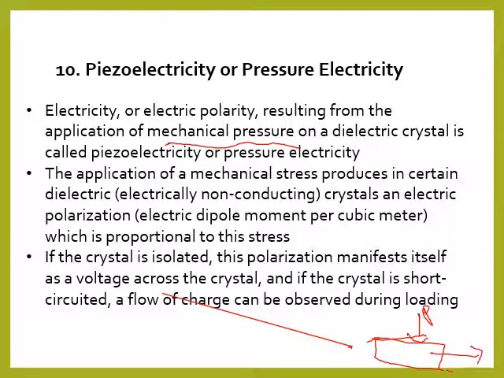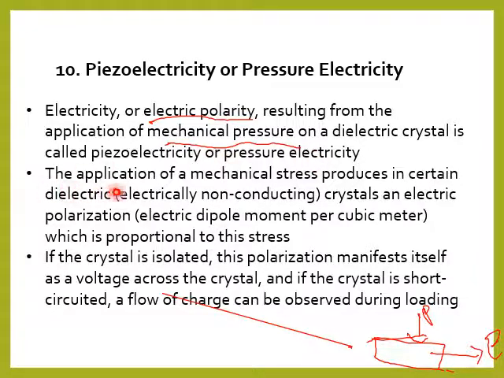Electricity, or electric polarity, will be produced, and this electricity which is produced is called piezoelectricity or pressure electricity, because it is produced by applying pressure on the dielectric material.